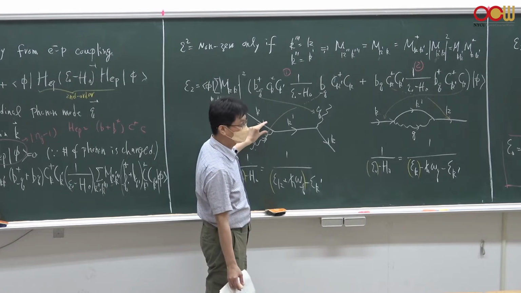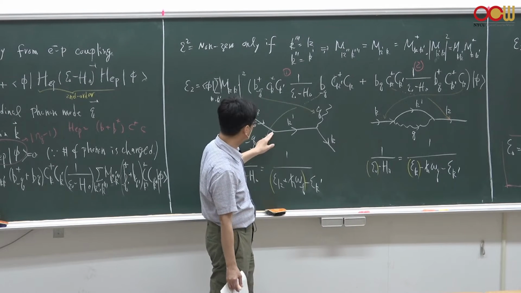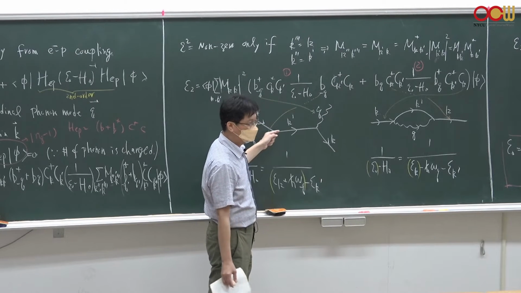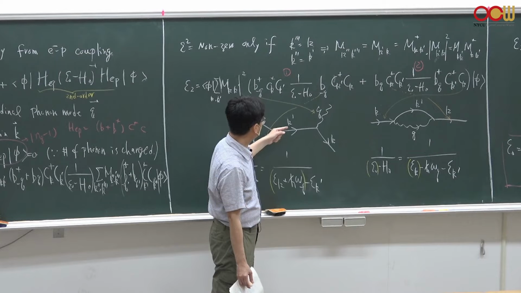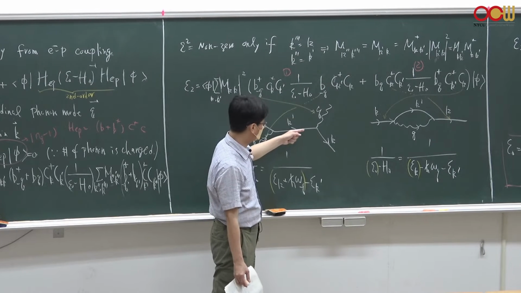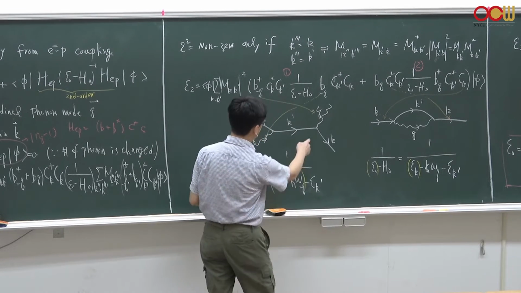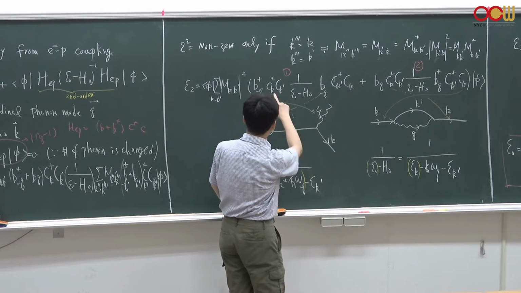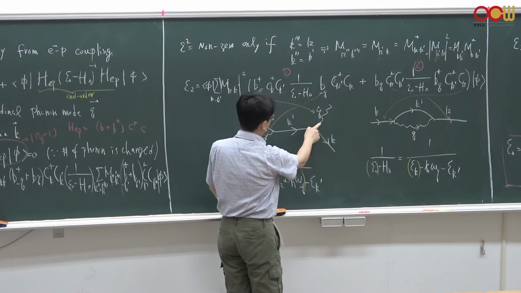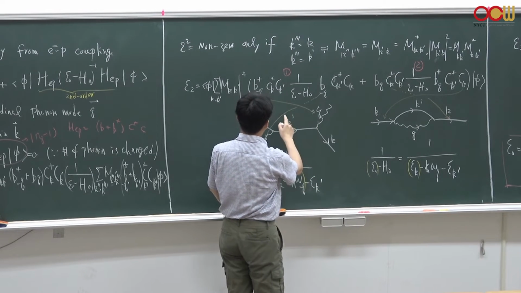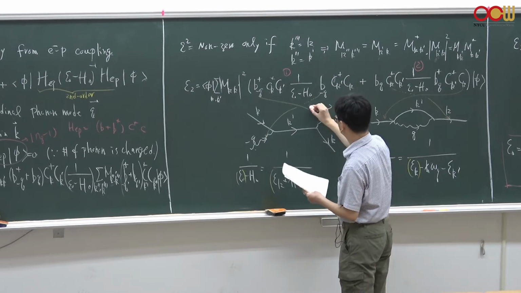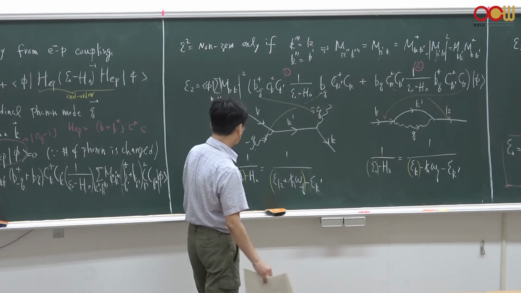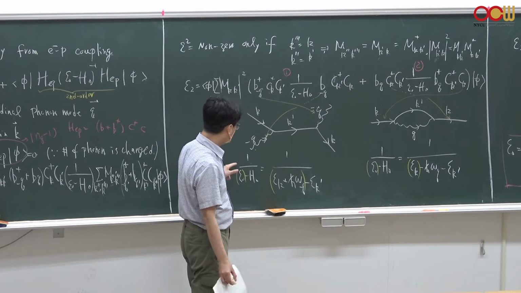These two get scattered, and in the intermediate state you get one electron carrying momentum k prime. Then this electron is destroyed later, and two particles come out: one is the electron carrying momentum k, which is created, and the other is a phonon carrying momentum, say, minus q, which is created.